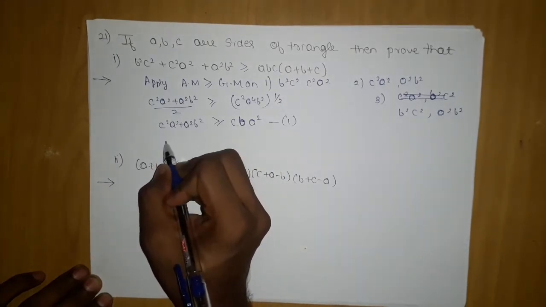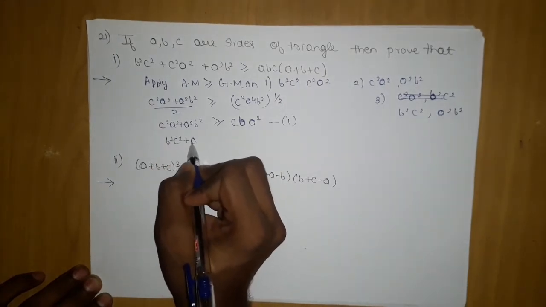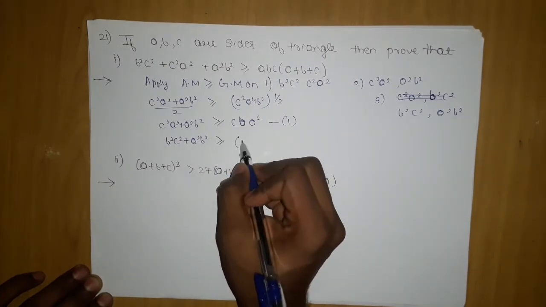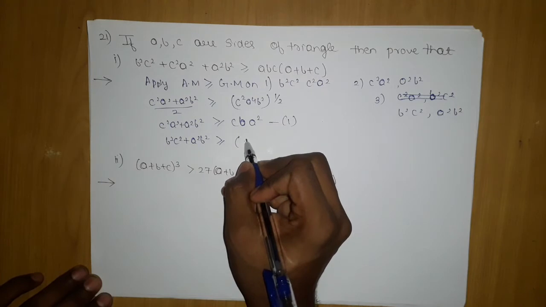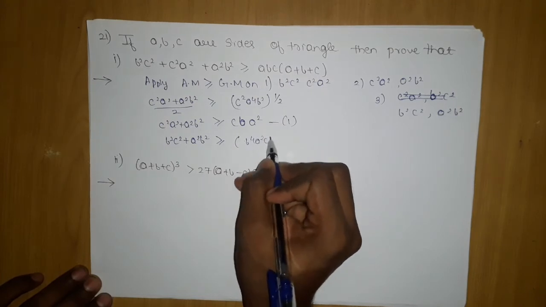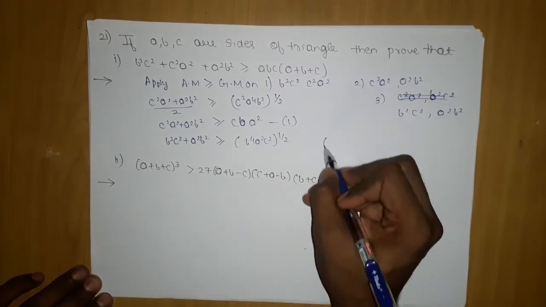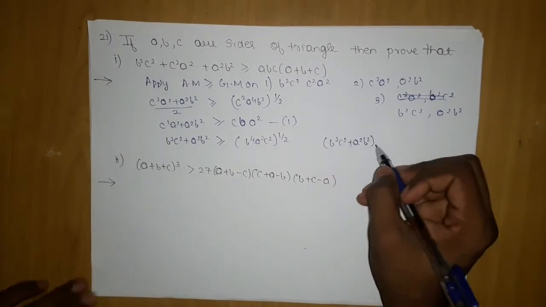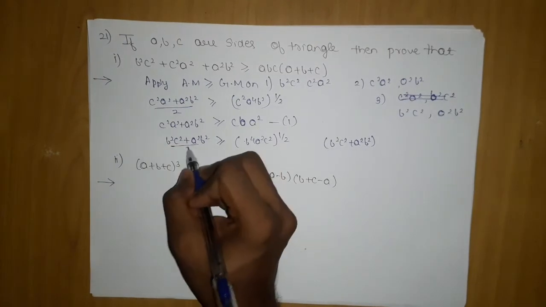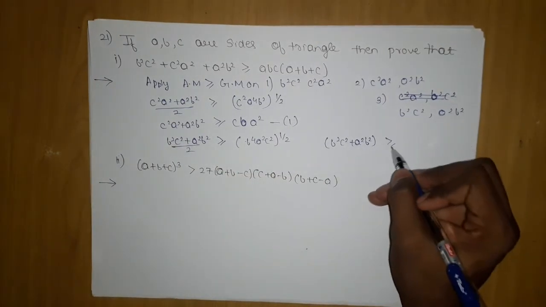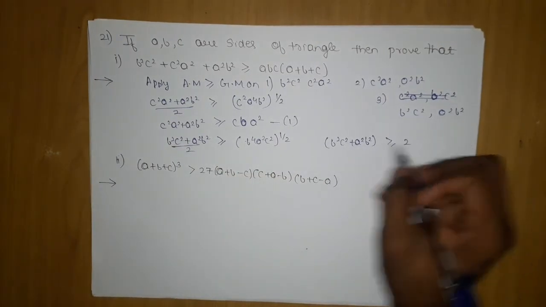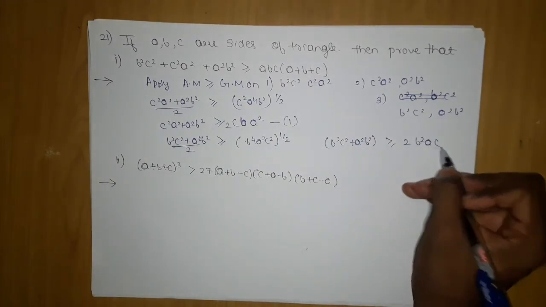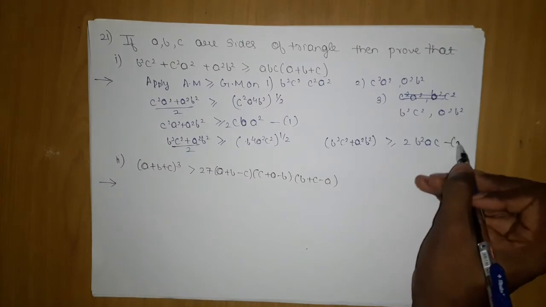Similarly, you will get b square c square plus a square b square by 2 greater than or equal to, here it will be b power 4 a square c square to the power 1 by 2, giving us twice b square ac. So I will call it sum 2.